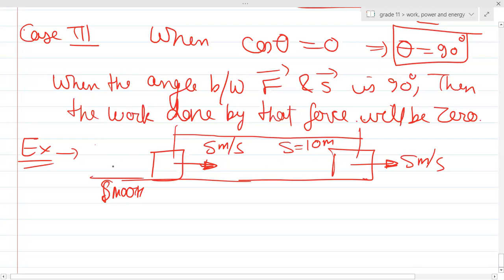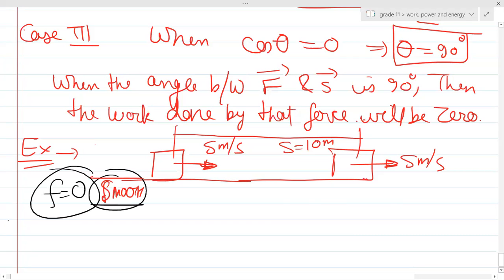But sir, what about friction? It's a smooth surface, hence no friction, right? Sir, but you previously also said that a smooth surface will also have some bumps. But right now I'm assuming friction is zero over here. Exact zero, no change.